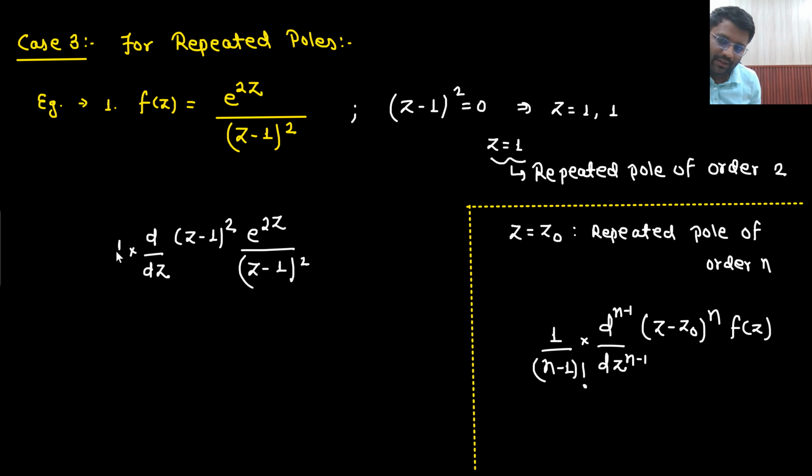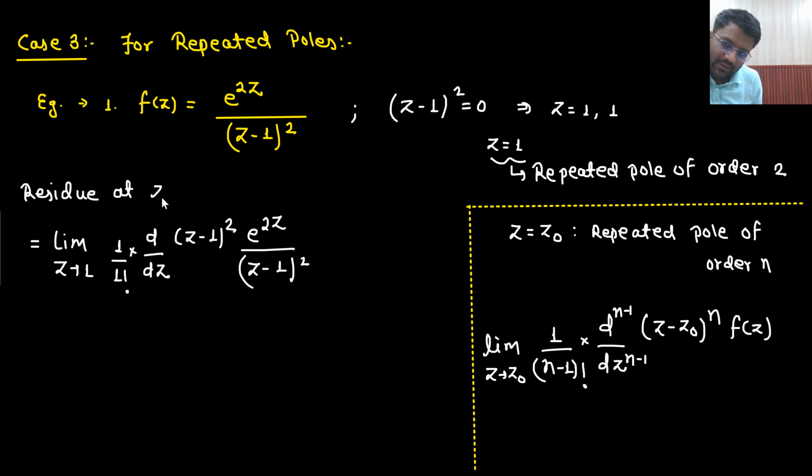So I will divide by 1 factorial. And after that, what you will do? Limit z tending to this pole, limit z tending to z naught. So limit z tending to 1. It is a very simple process. This is your residue at repeated pole z equals to 1.